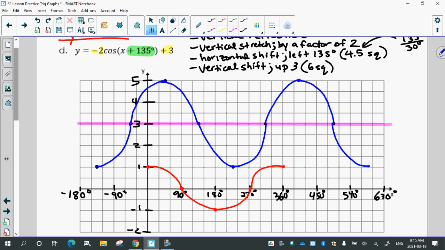And then once I've done that, I've got to do amplitude, period, phase shift, domain, and range.